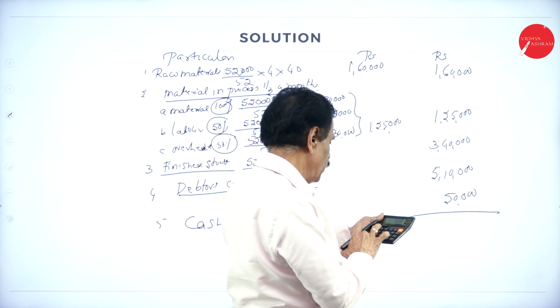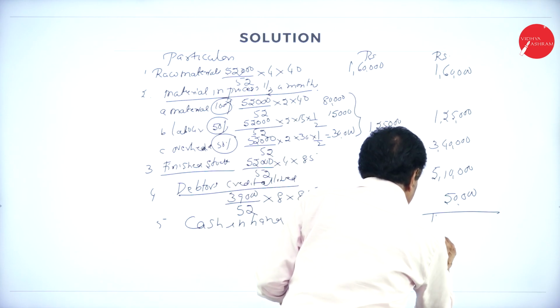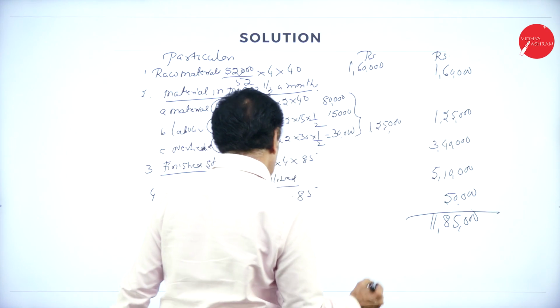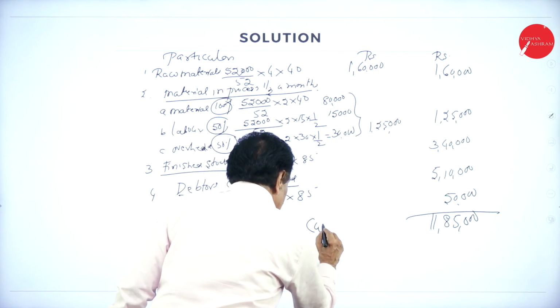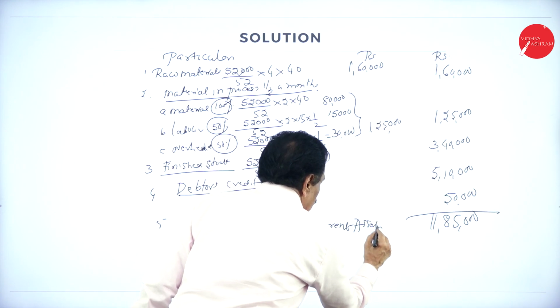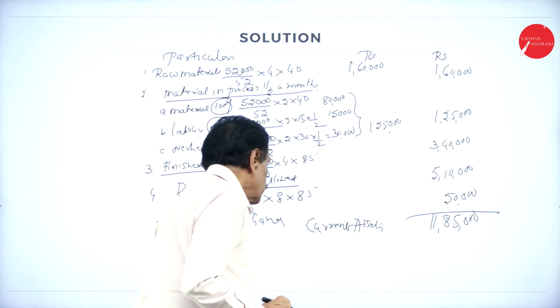That is 11,85,000, the total current assets. Then we'll move on.